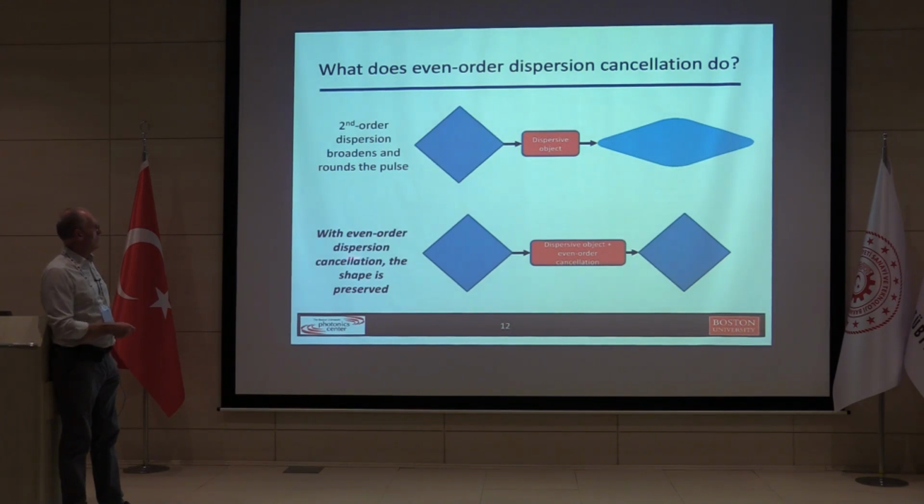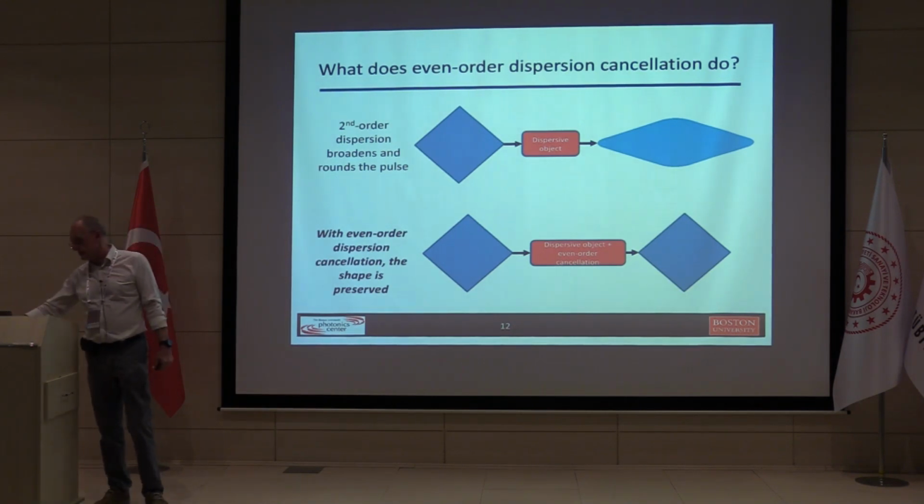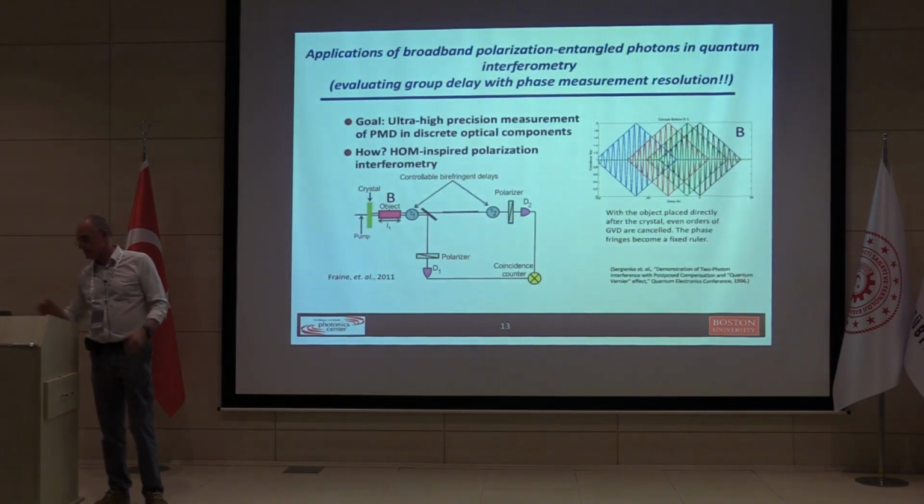When you have the quantum case with even order dispersion cancellation, you do not lose the accuracy in evaluating the center. You just have to make very broadband entangled light to obtain this triangle as narrow as possible. So that's another area of research and has been done many times.